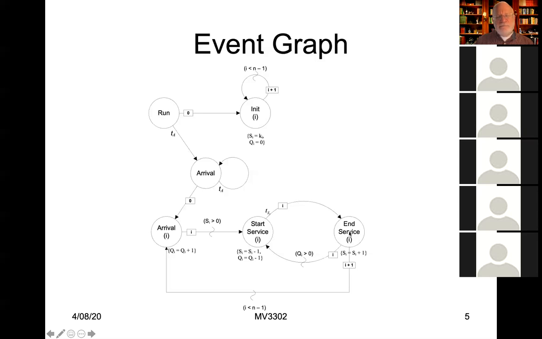And at the bottom is what the multiple server queue looked like. We had an arrival, start service, and end service, with similar state transitions. The only differences are that we have arguments on each of the events, we're passing those arguments through, and at this end service, instead of just leaving, the end service event conditionally schedules an arrival at the very next station.